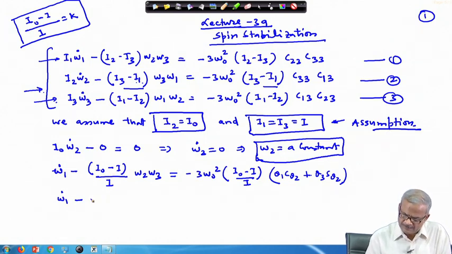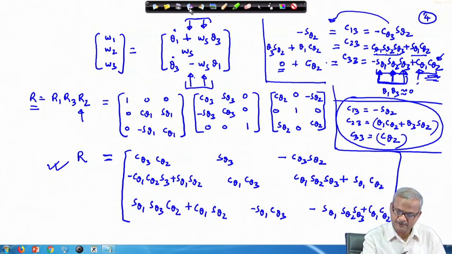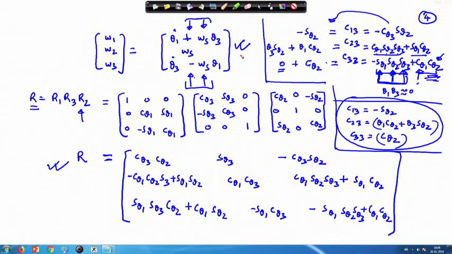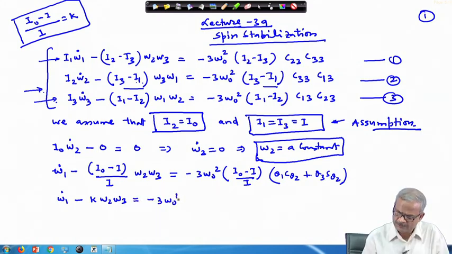So, from this place this becomes k times omega 2 omega 3, and again omega 2 omega 3 also we need to insert here. We have already derived omega 1, omega 2, omega 3, so we will pick these up and put them here in the next step. So, minus 3 omega 0 square k times theta 1 c theta 2 plus theta 3 s theta 2.